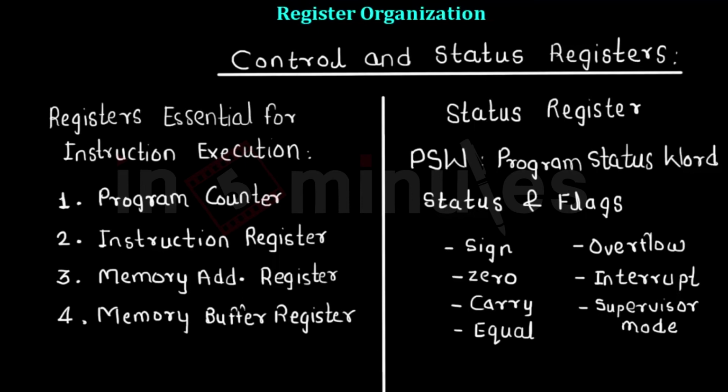These registers or flags available to the user vary from processor to processor. So in different processors, we are going to find different types of these registers. I hope you have studied the concept of flags and status word in the basic 8085 processor.